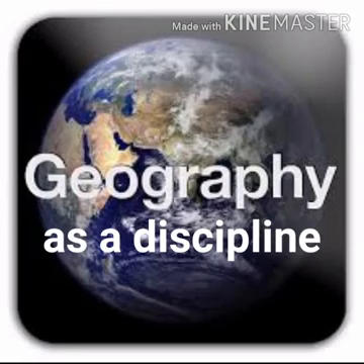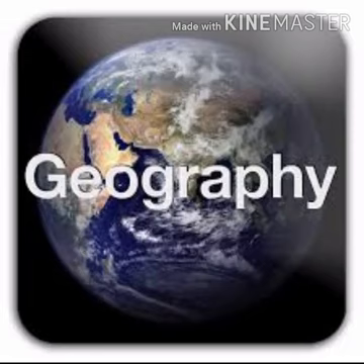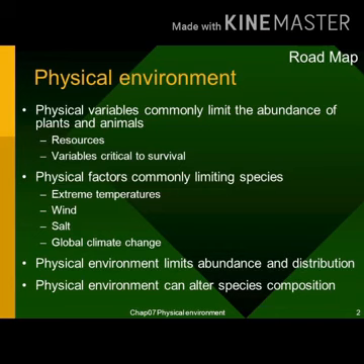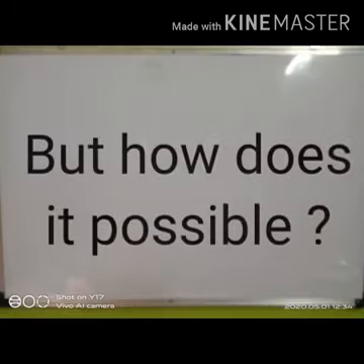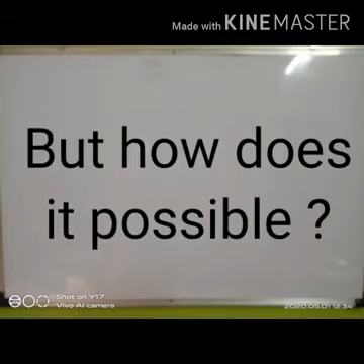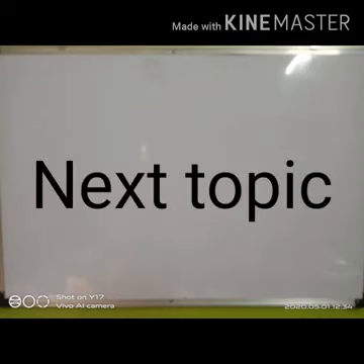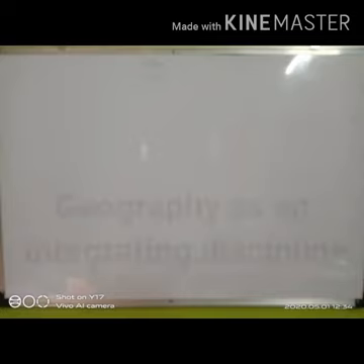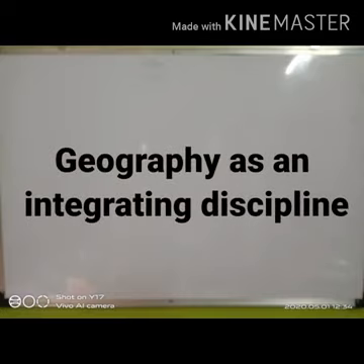Geography as a discipline takes note of the associations and interrelationships between the phenomena resulting from the dynamic interaction between human beings and their physical environment. But how is it possible? For these answers, let's move to the next topic, geography as an integrating discipline.